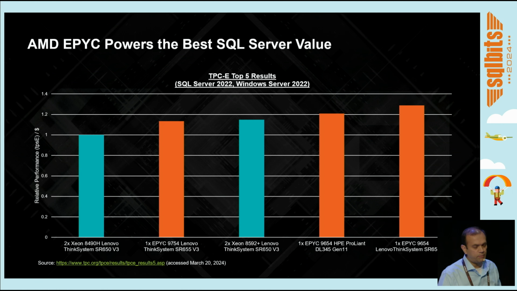You can see the orange bars are AMD to the right. You want to have much better performance per dollar. In this case, we are in the range of 20% to more than 25% higher than some of the Intel-based offerings on the left-hand side. So this is something that is available today based on fourth generation EPYC.